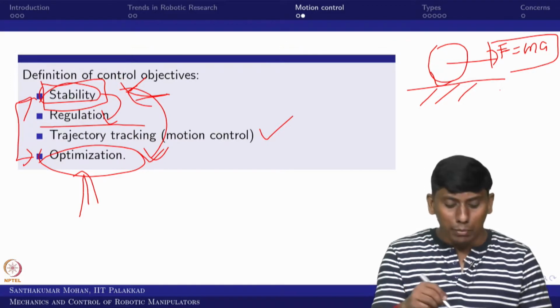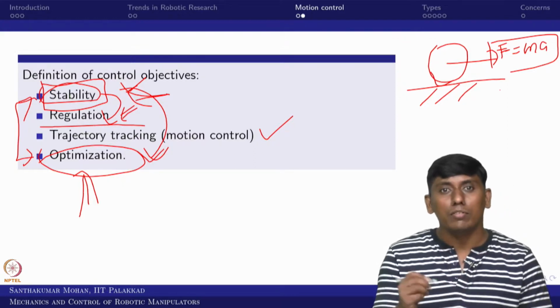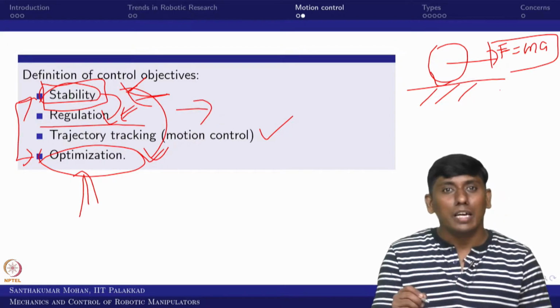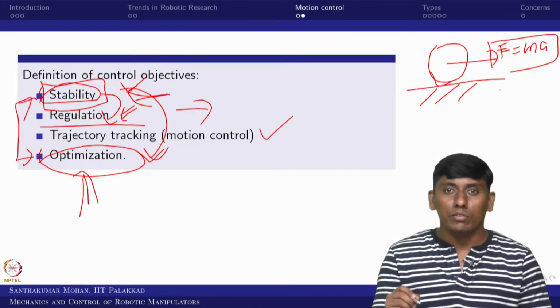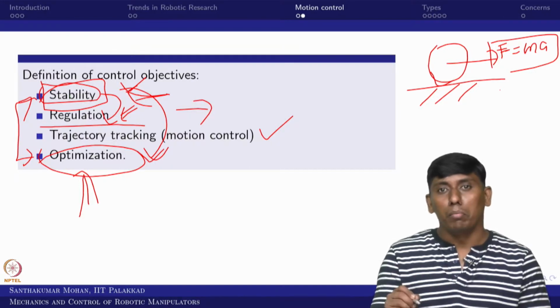Once you attain that, then based on the given task, either a regulatory task or a tracking task. The regulatory task is called a stabilization problem, whereas trajectory tracking is called the servo problem or tracking problem. Some people simply call motion control the tracking problem.